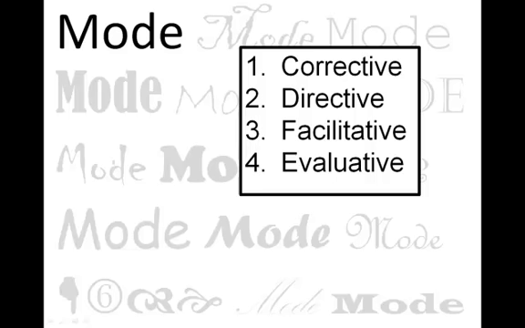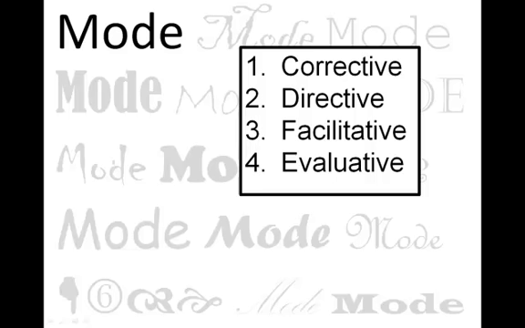So going through each of these, corrective mode explicitly corrects the student's text. This is inserting words, crossing out words, inserting punctuation, adding entire sentences, rewriting entire sentences, and so on. Directive is similar to corrective, but it tells the student how to fix problems rather than doing it yourself.